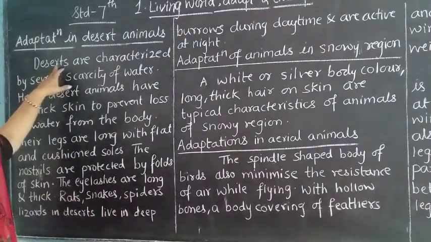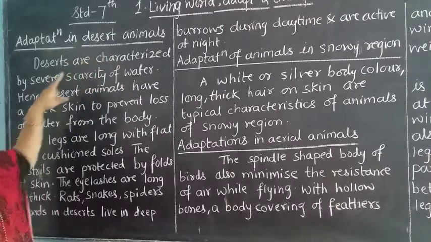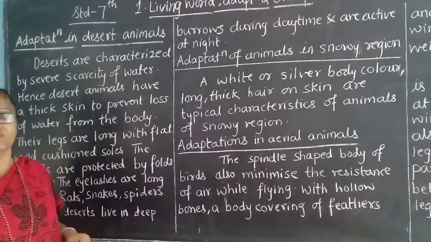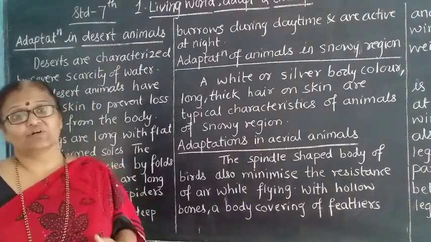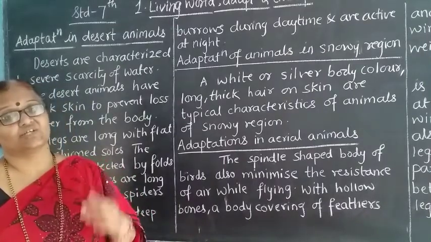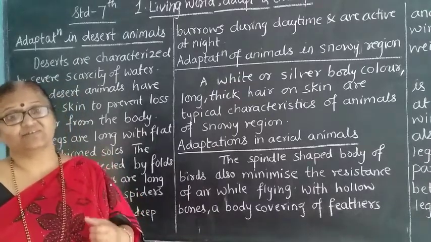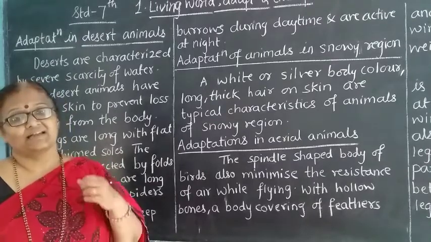See here, deserts are characterized by severe scarcity of water. Whenever you see a desert, it is totally covered by sandy soil and there is a scarcity of water, where you can't see trees, there are very few trees, and animals are living there.